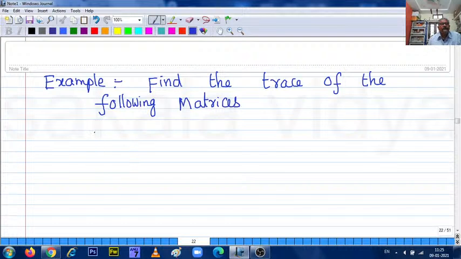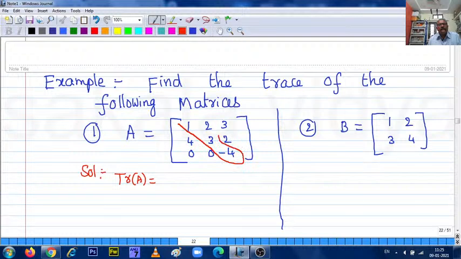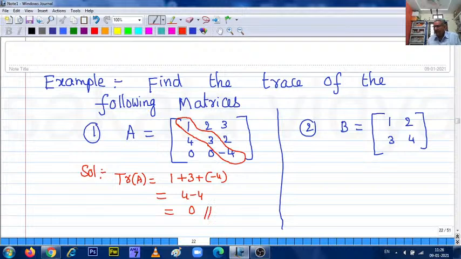First matrix, A equals 1, 2, 3, 4, 3, 2, 0, 0, minus 4. This is the principal diagonal. That means 1 plus 3 plus minus 4. So 4 minus 4, 0 is the trace of this matrix.